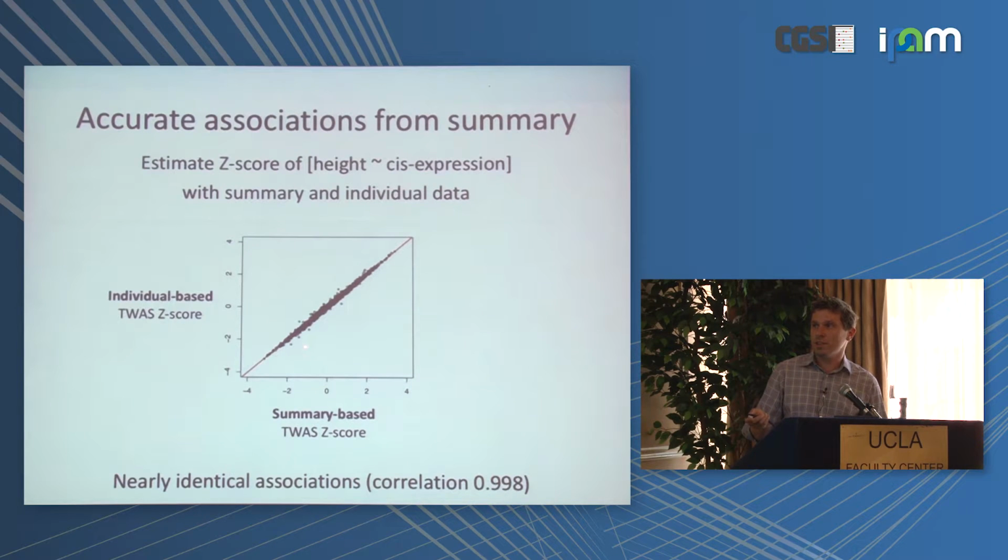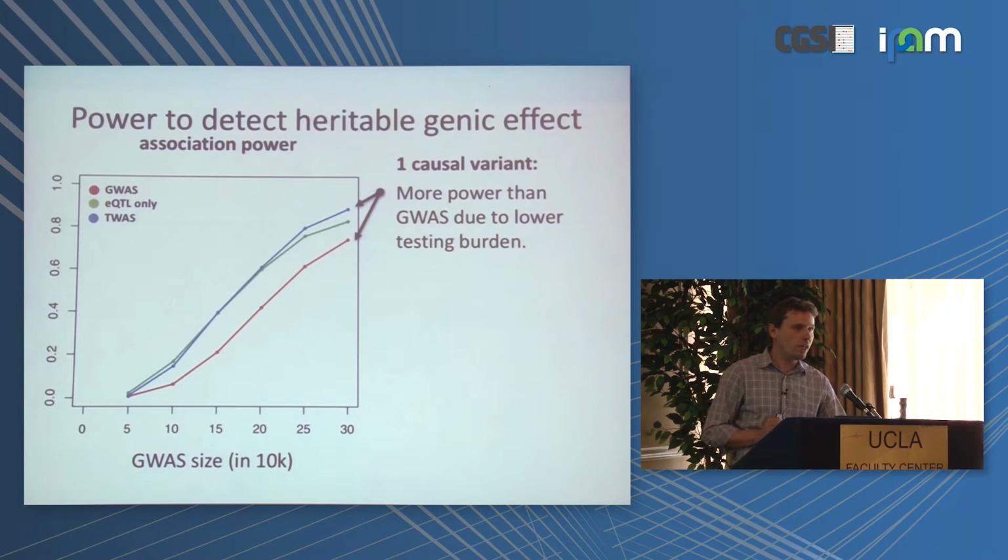Here I'm plotting the standardized effect size of the association between expression and trait, computed based on imputation one individual at a time versus imputing it directly from p-values. And you see you get a correlation which is essentially 1. So there's really not a benefit from looking at individual-level data.